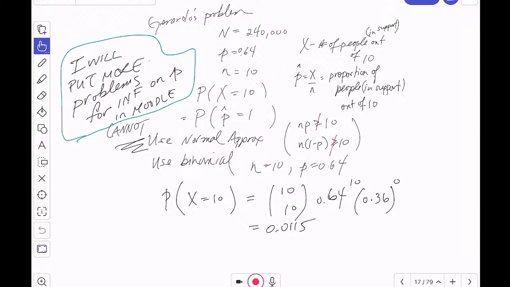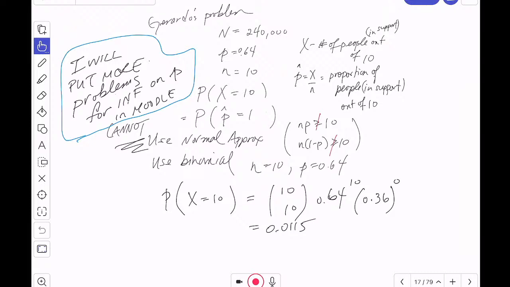So it's going to be on binomial, STS, and just the P hat part, or P, I'll call it P. Or let's say proportion inference.